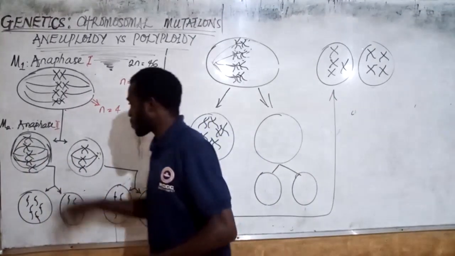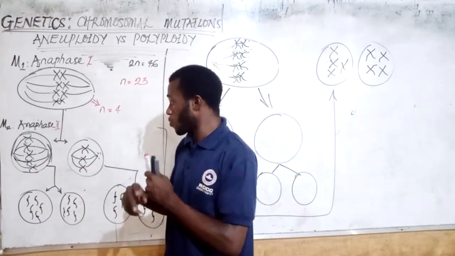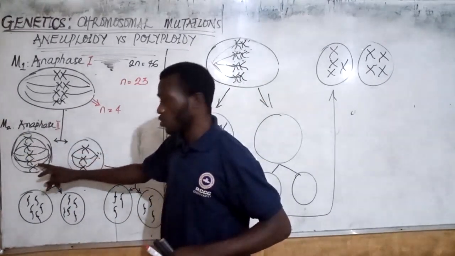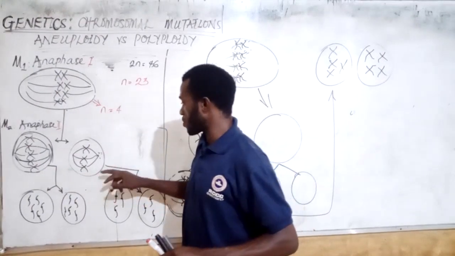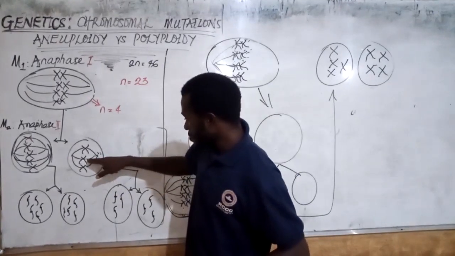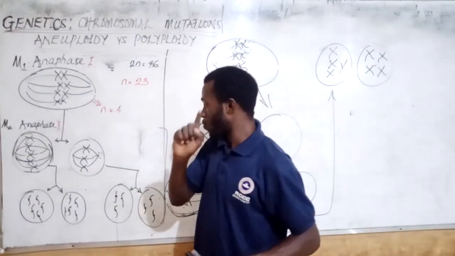So this cell has 5 chromosomes at the end of meiosis 1, and the other has 3, so it is deficient of one.